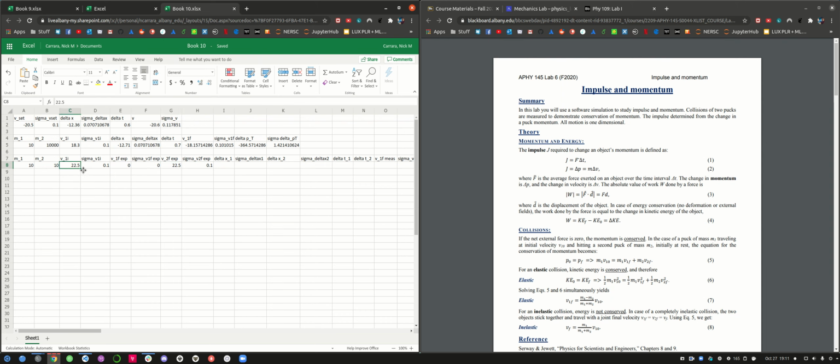And you can see that they're exactly the same, which, you know, we kind of guessed from common sense.